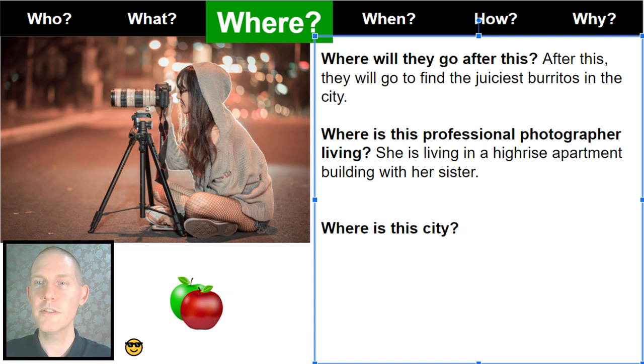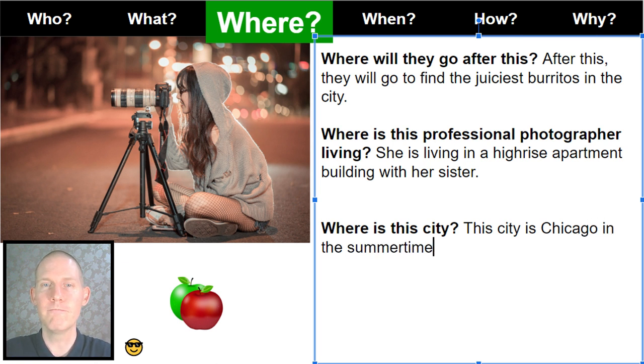And where is this city? This is Abdul Samad's question. Maybe I would say this city, well, could be a lot of cities. I'm going to guess a city in the US. We'll say this city is Chicago in the summertime. And depending on what part of the city, it could be safe or unsafe.